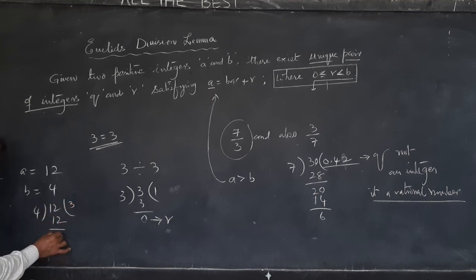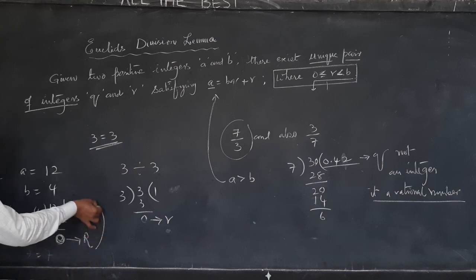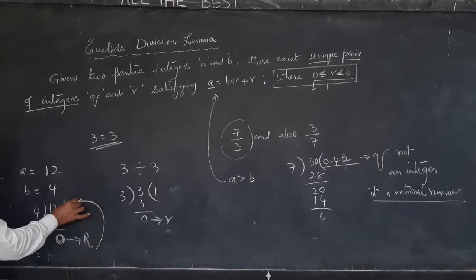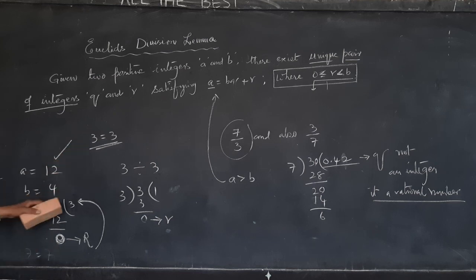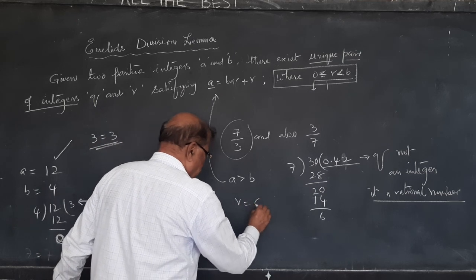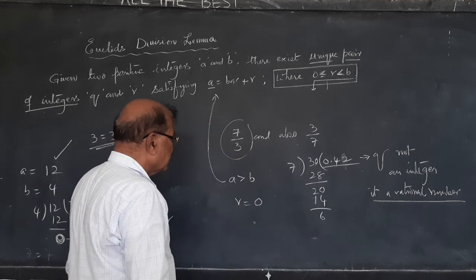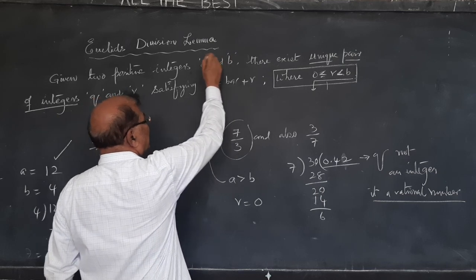When the remainder is 0, make a note of this. This is a very important relation in the future course. When R is 0, the divisor is a factor of the dividend. If you observe carefully, when R is equal to 0, it clearly says that B is a factor of A.